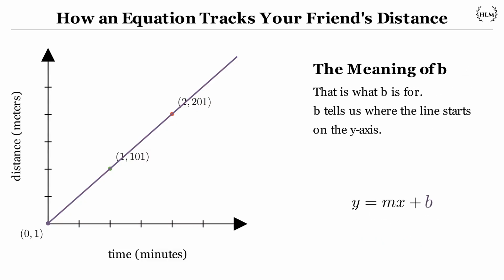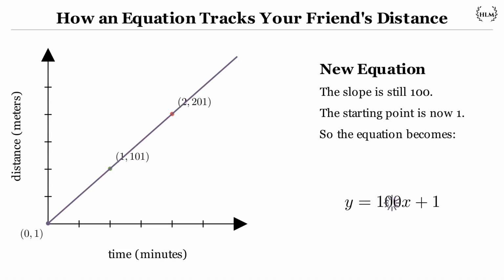So we need to adjust. And that's exactly what the b value is for. In y equals mx plus b, the b is actually the starting point on the y-axis. So if we look at this line here, we start at 0, 1, so 1 on the y-axis. So our equation actually becomes y equals 100x plus 1.